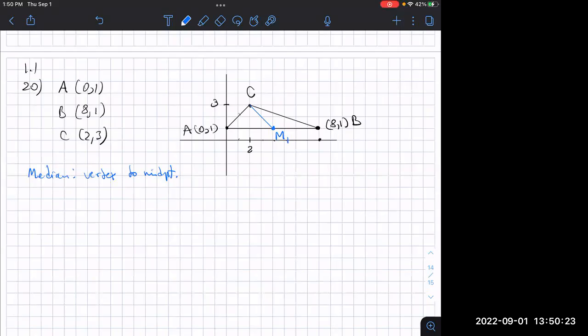To find the midpoint, the midpoint of two points will be the average of the x components and the average of the y components. So what is M1? I'm looking at this line segment and the endpoints are 0, 1 and 8, 1.